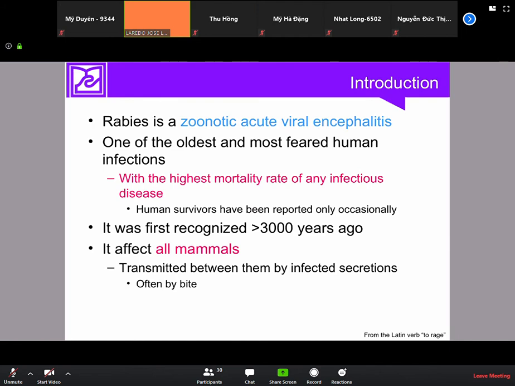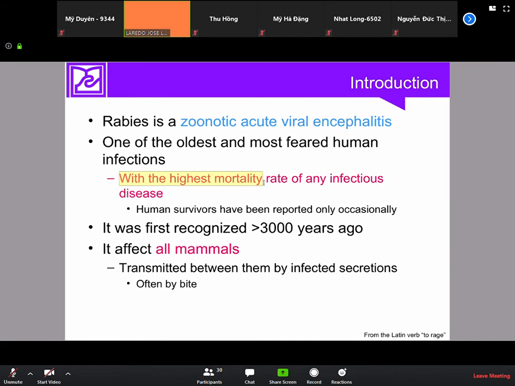What is rabies? Rabies is a zoonotic, acute, viral encephalitis. This is one of the oldest and most feared human infections. Rabies is the infectious disease with the highest mortality that we know.